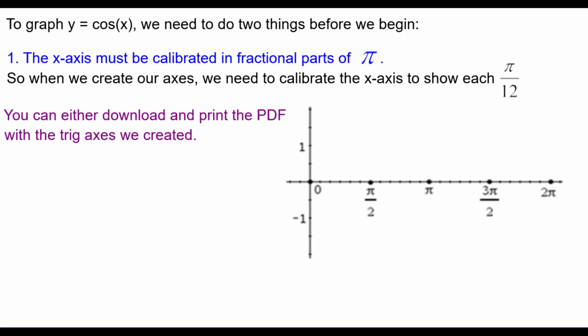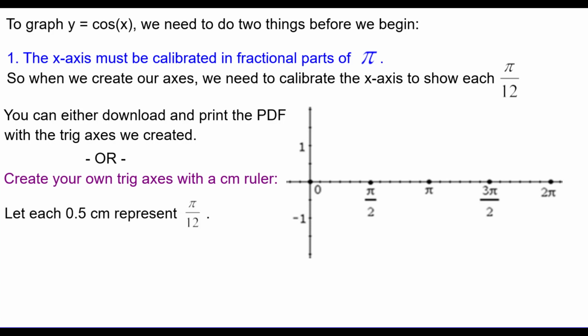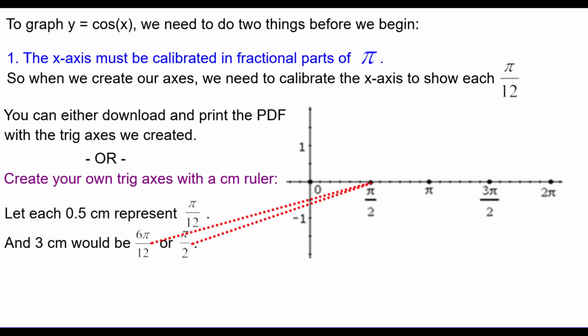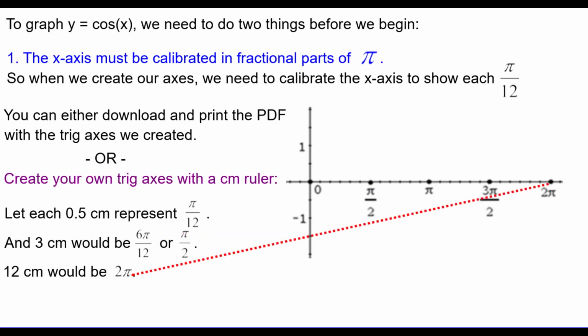You can either download and print the PDF with the trig axes that we created, or you can create your own trig axes with a centimeter ruler. We suggest letting each half of a centimeter represent pi over 12, and that means that 3 centimeters would be 6 pi over 12, or pi over 2, and 12 centimeters distance would be 2 pi.